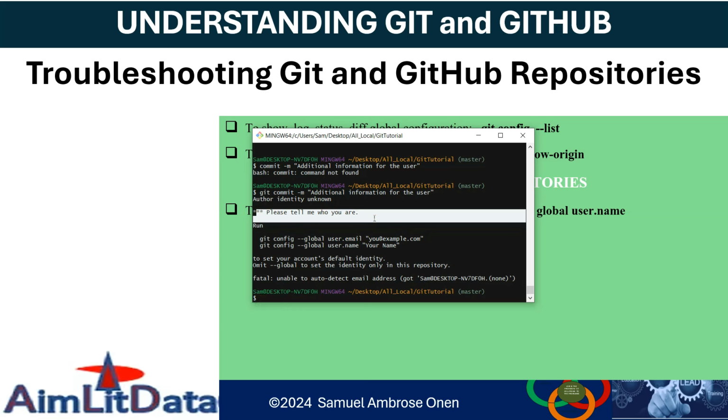So Git doesn't know who is doing this. Therefore, it's not accepting me to write the history in the final repository, because the repository doesn't know who is doing this. My friend, this is the robust nature of Git.